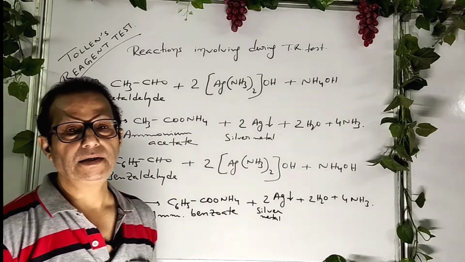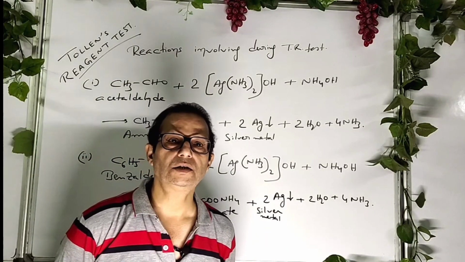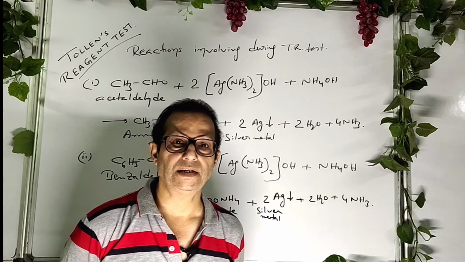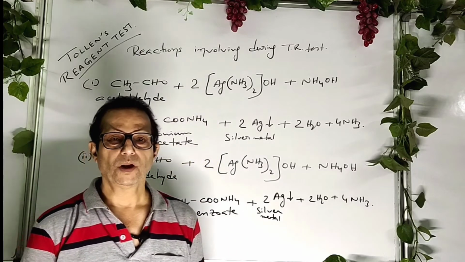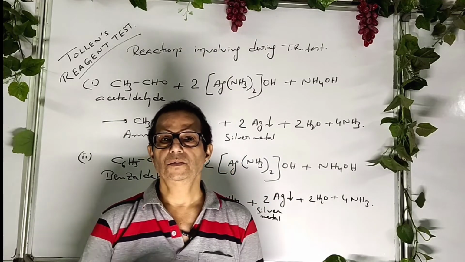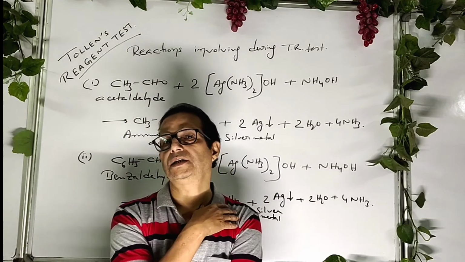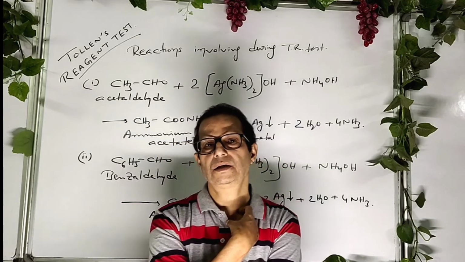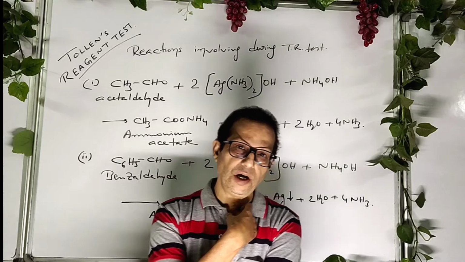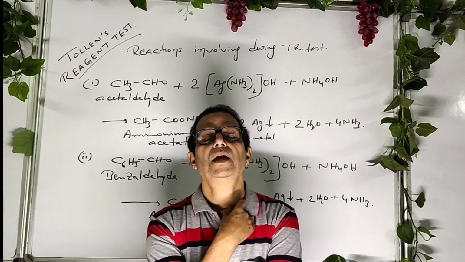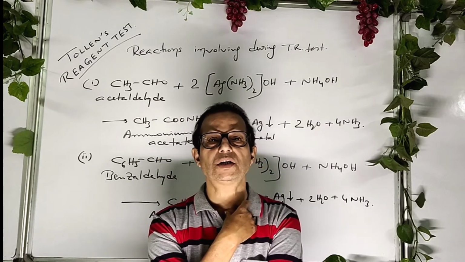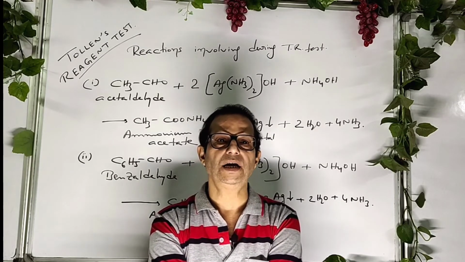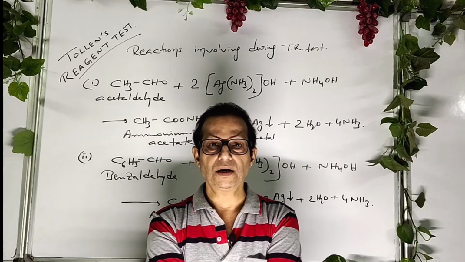So let's understand the reactions involved during Tollens reagent test. Aldehydes oxidize to carboxylic acid, but as the reaction takes place in presence of ammonium hydroxide, and as ammonium hydroxide is basic in nature, so you know that acid and base never coexist.